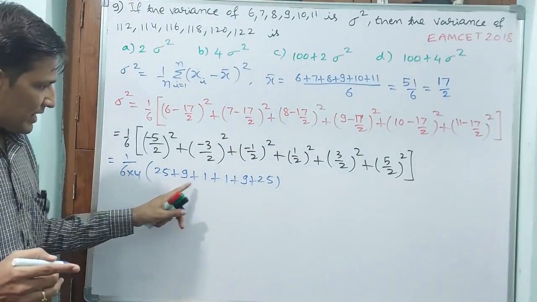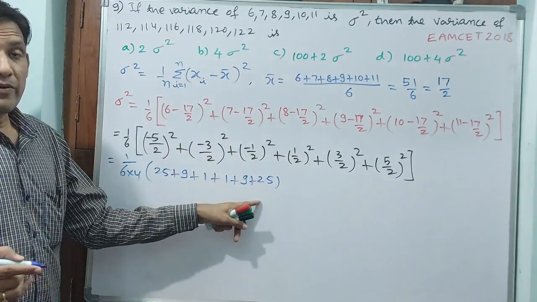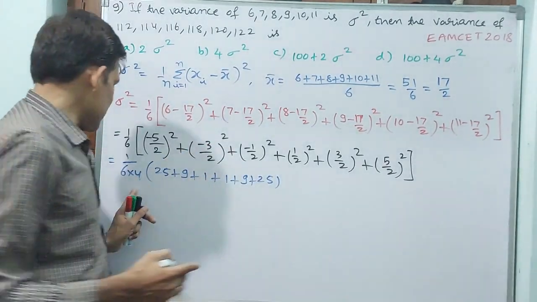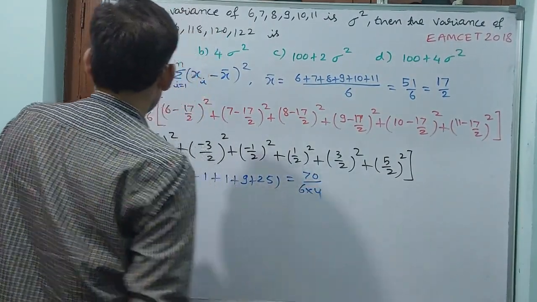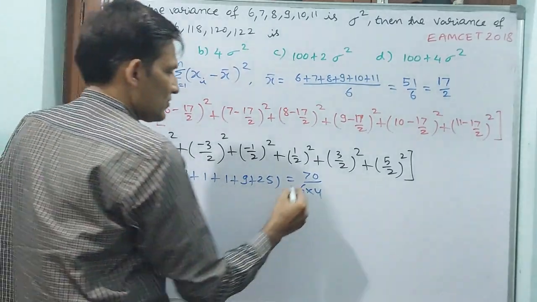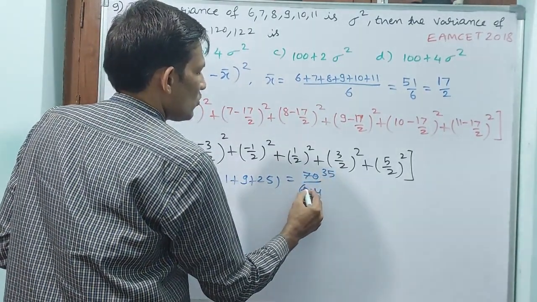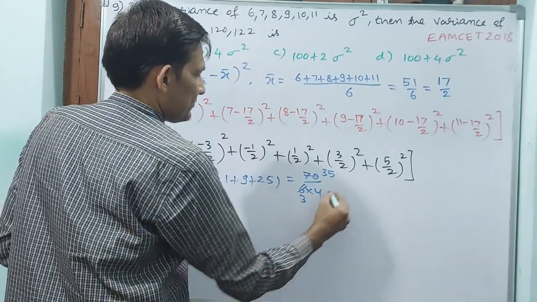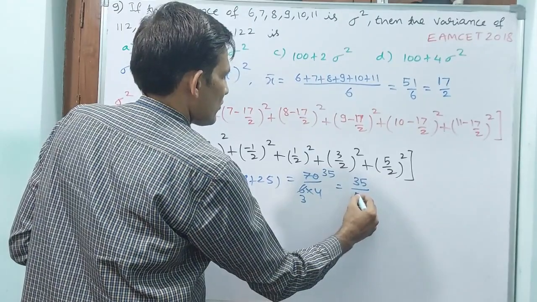See here also 9 plus 1 is 10, 9 plus 1 is 10. 10 plus 10 is 20, plus 50 is 70. 70 by 6 into 4. Now 2 35s, 2 3s, so 35 by 12.